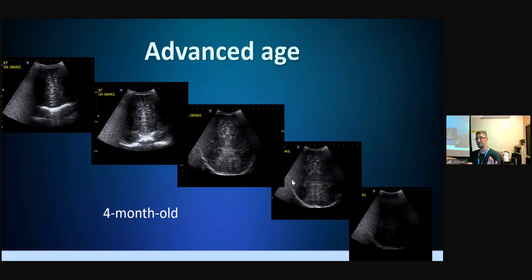And the resolution will be poor, but still it will be enough to exclude hydrocephalus, for example, a major anomaly. The role of ultrasound is to exclude major anomalies. It's not like an MRI, where you see very detailed pathologies.